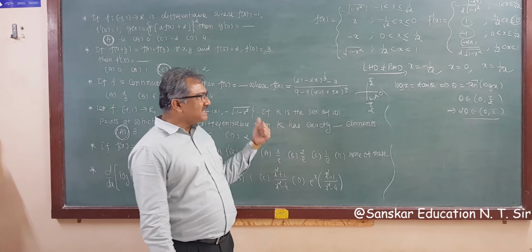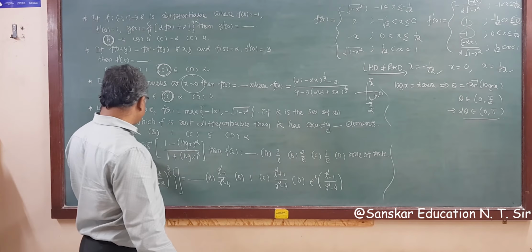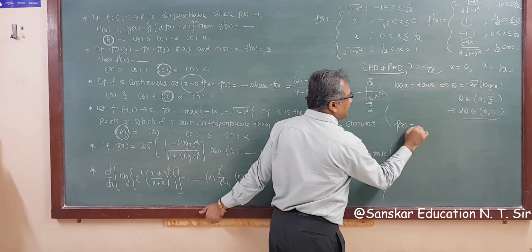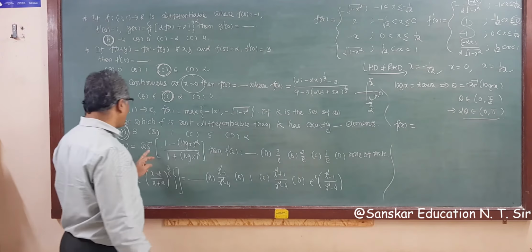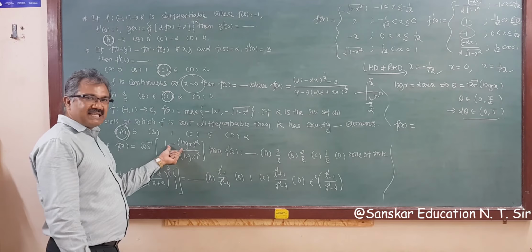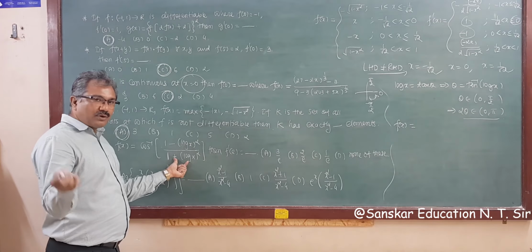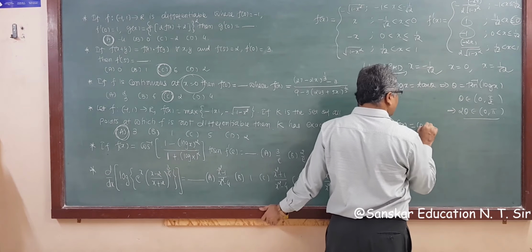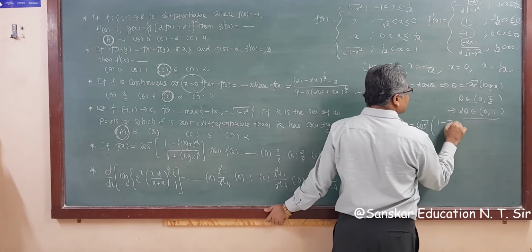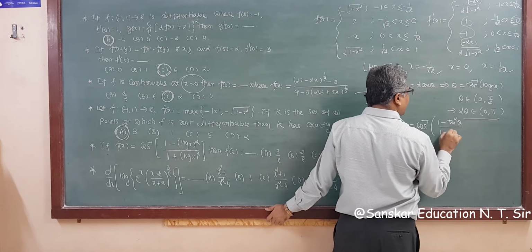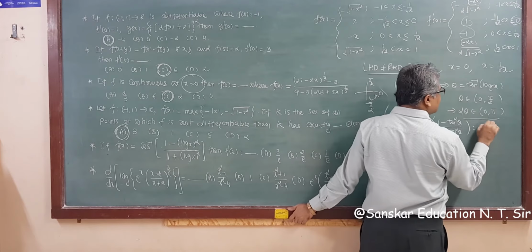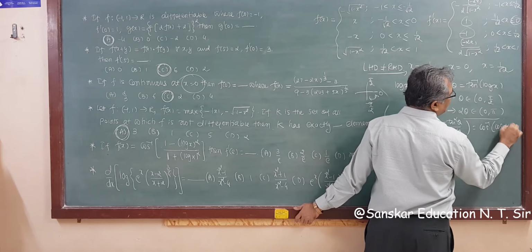So substituting this value in these expressions, f of x will be cos inverse of 1 minus tan square theta upon 1 plus tan square theta. So I am writing directly cos 2 theta. So this is cos inverse cos 2 theta. Recall your rule: cos inverse cos 2 theta.